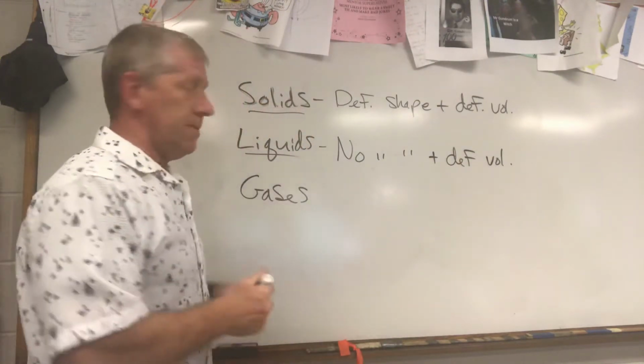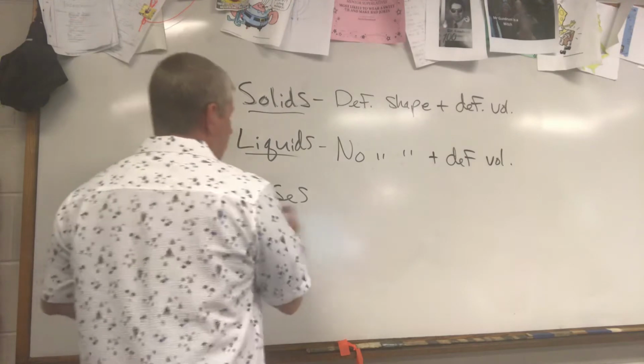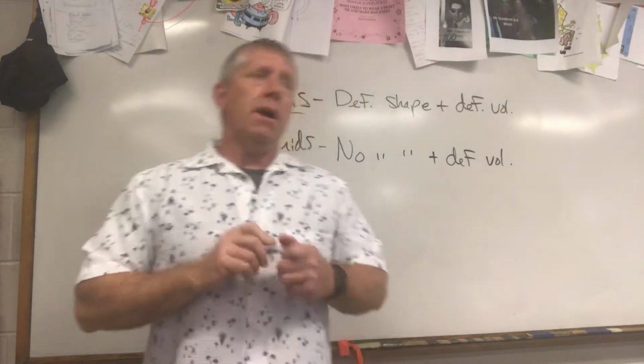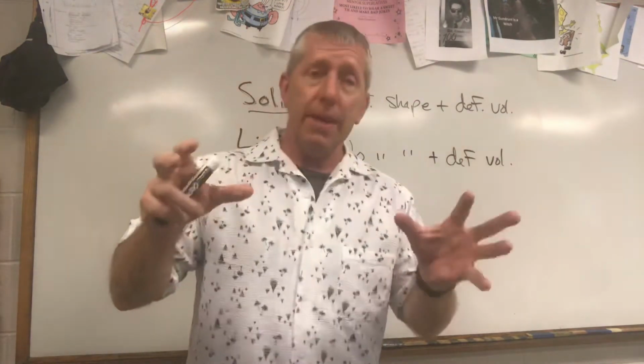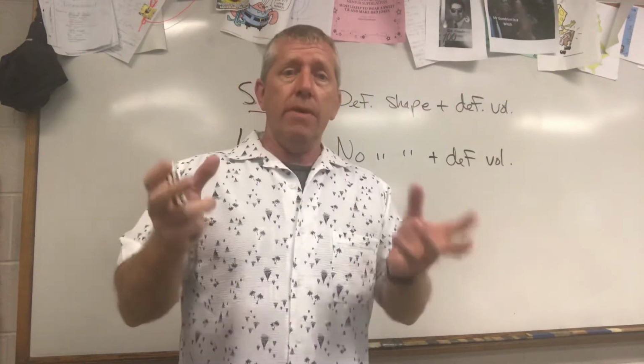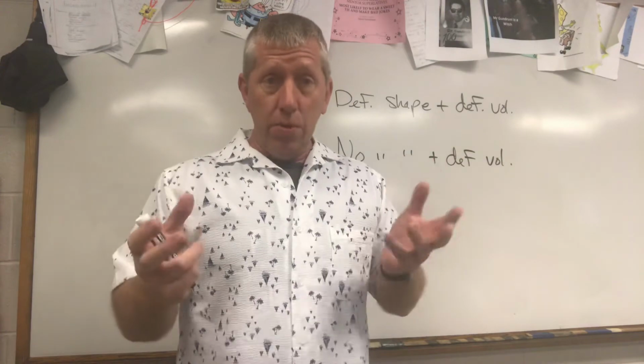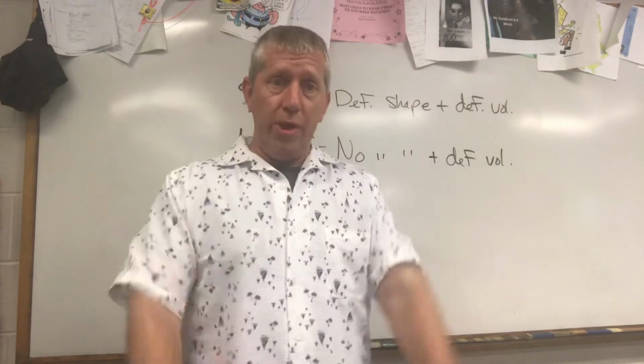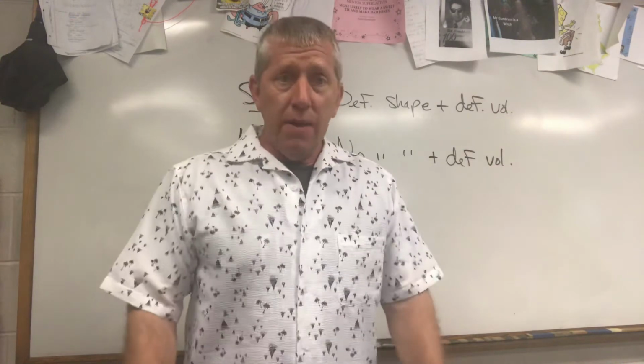All right, and then gases. Come on, you know. Gases have no definite shape or definite volume. If we had some helium in a helium balloon, the volume of the helium is the volume of the balloon, and it's balloon shaped. If we take the helium and let it go in the room, what happens? The helium disperses.